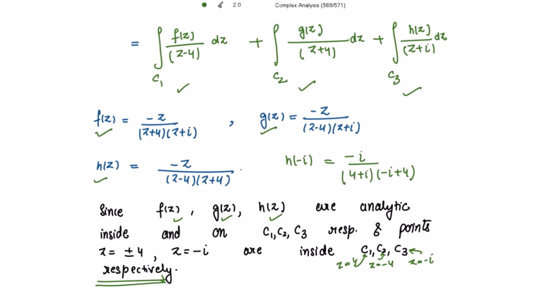Applying the (a plus b)(a minus b) formula, that is a square minus b square. So 4 square minus iota square. 4 square is 16, minus iota square is negative 1. So it is 17 in the denominator. So this is minus iota by 17.